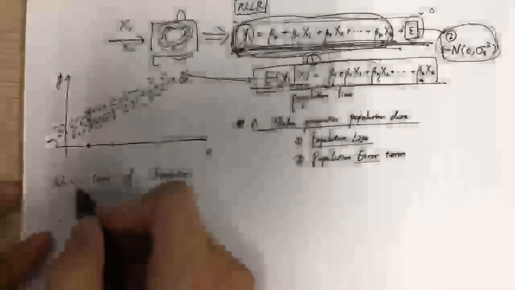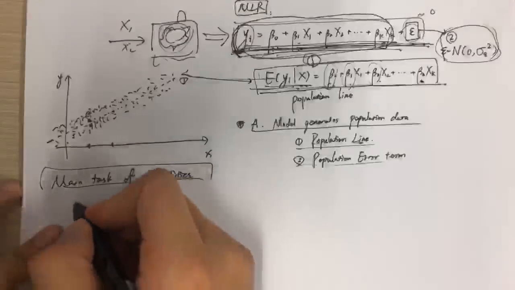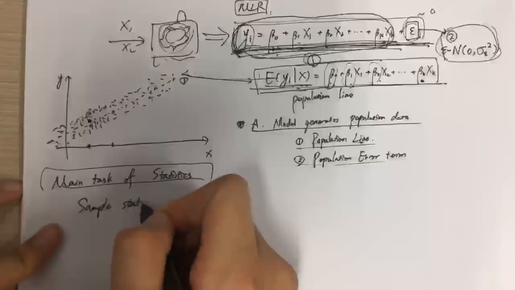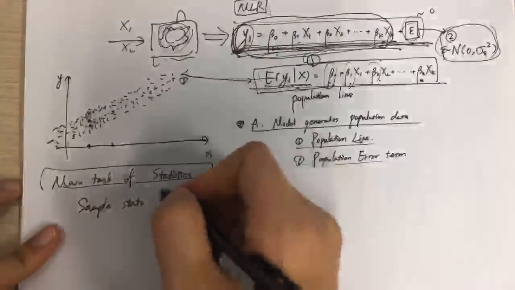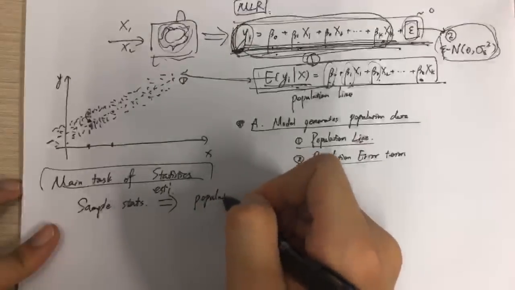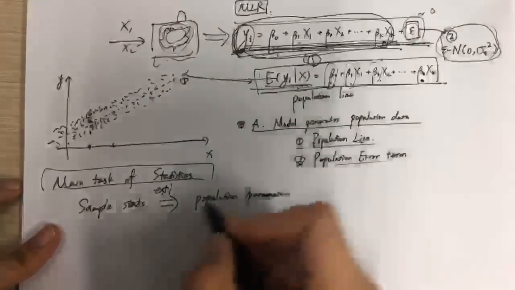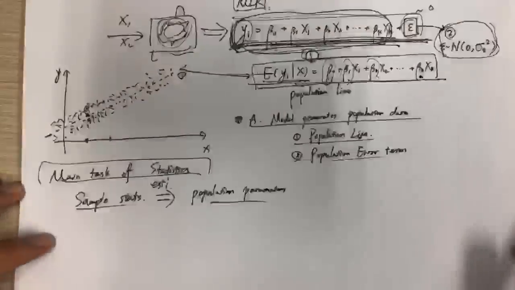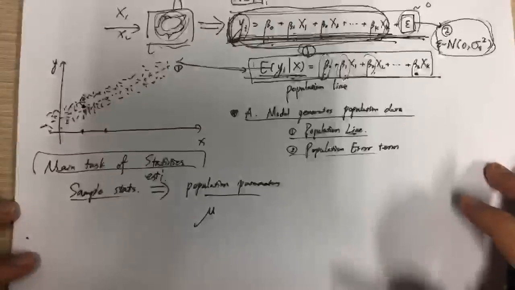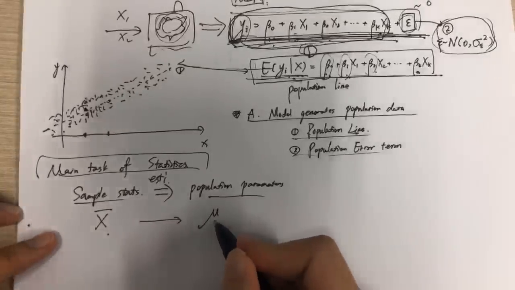For example, we used to learn the population parameter mu, the population mean, and we use the sample mean to estimate the population mean.